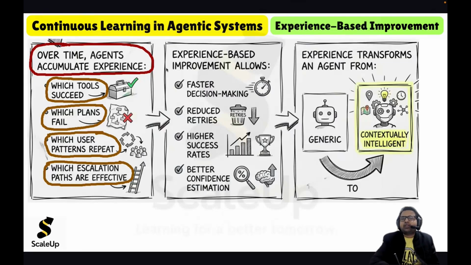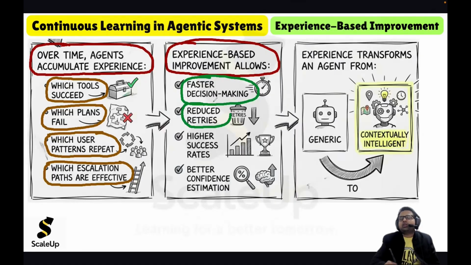And it is very, very powerful and very helpful, wherein it allows faster decision making and reduced retries, because the agentic system has already learned the best practices. So retries will get reduced. We will get higher success rates because now with experience, agentic systems know the recipe, they know the best practices.